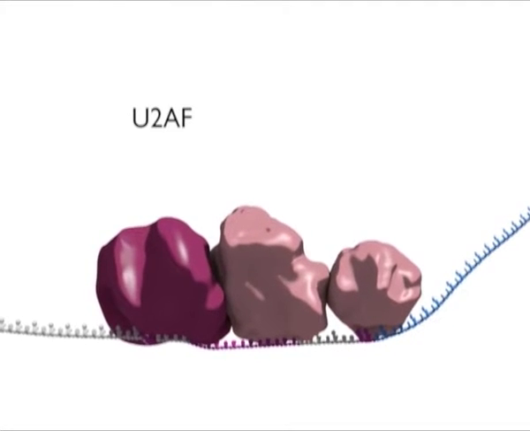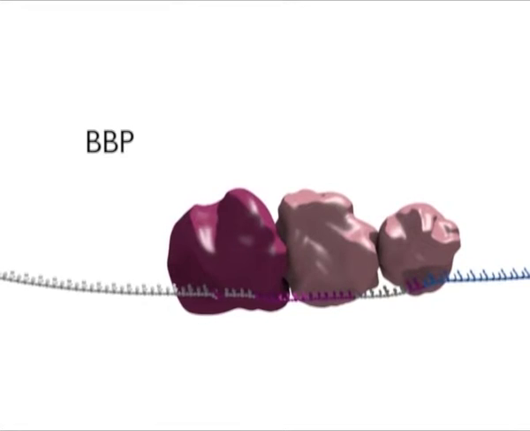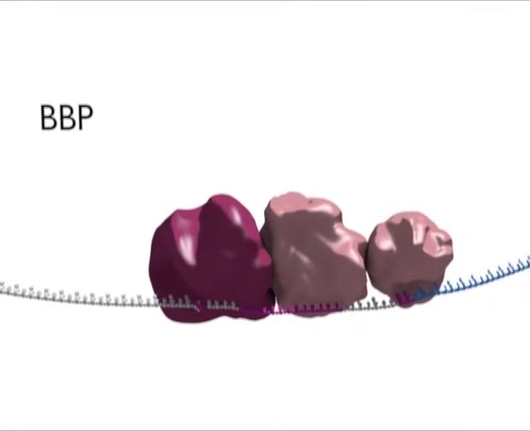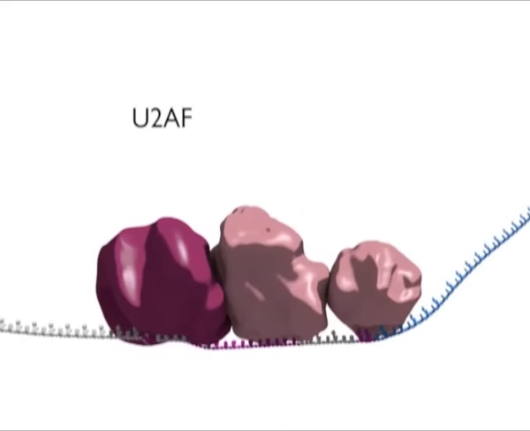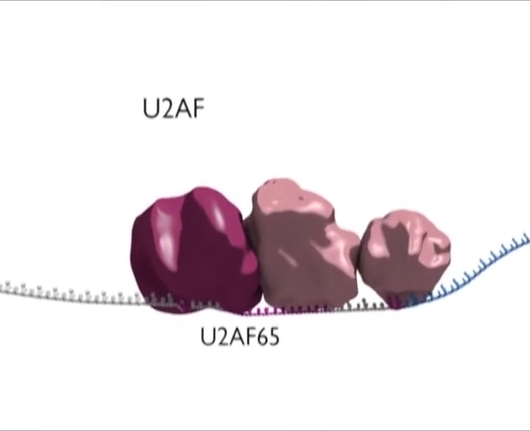U2AF recognizes the 3' splice site and binds to the polypyrimidine tract at the 3' splice site. It also helps BBP, branch point binding protein, in binding to the branch point site. U2 snRNP is added by U2AF.